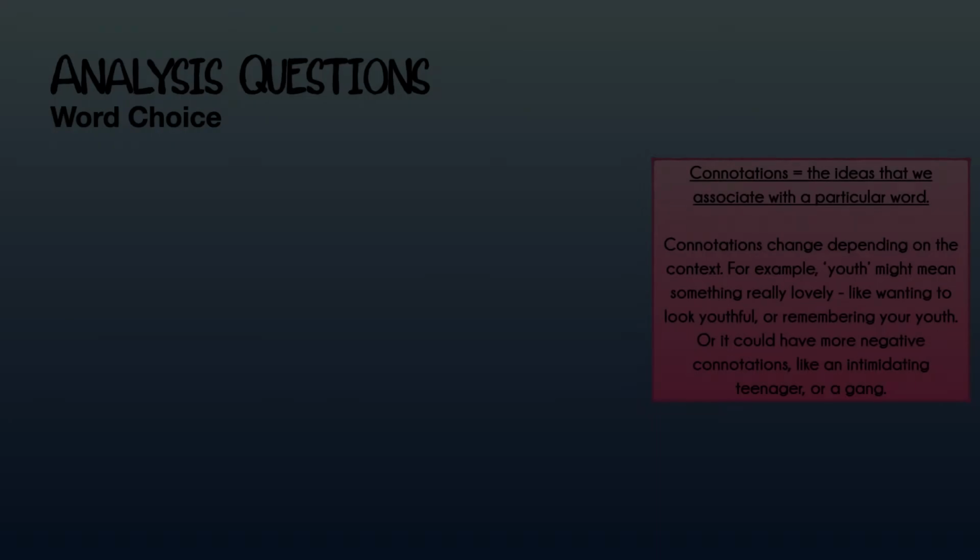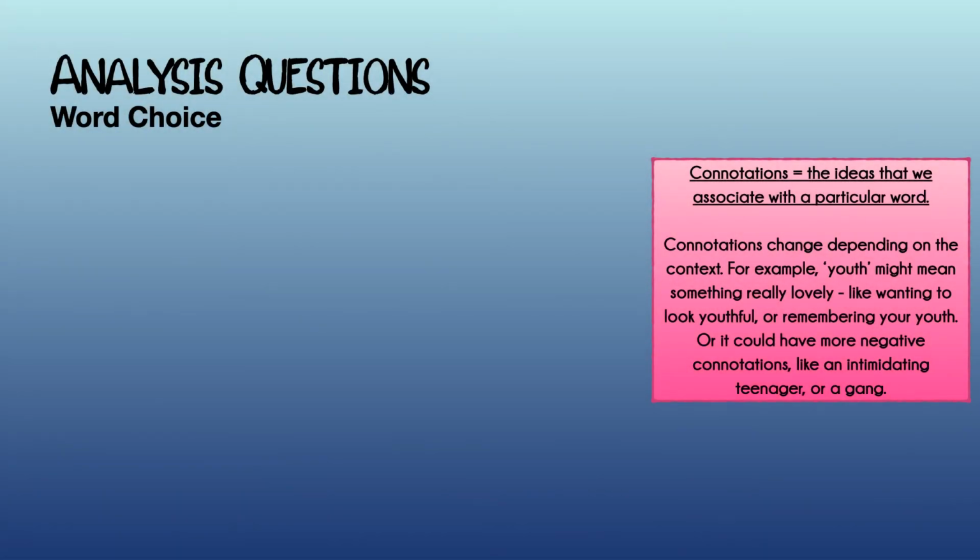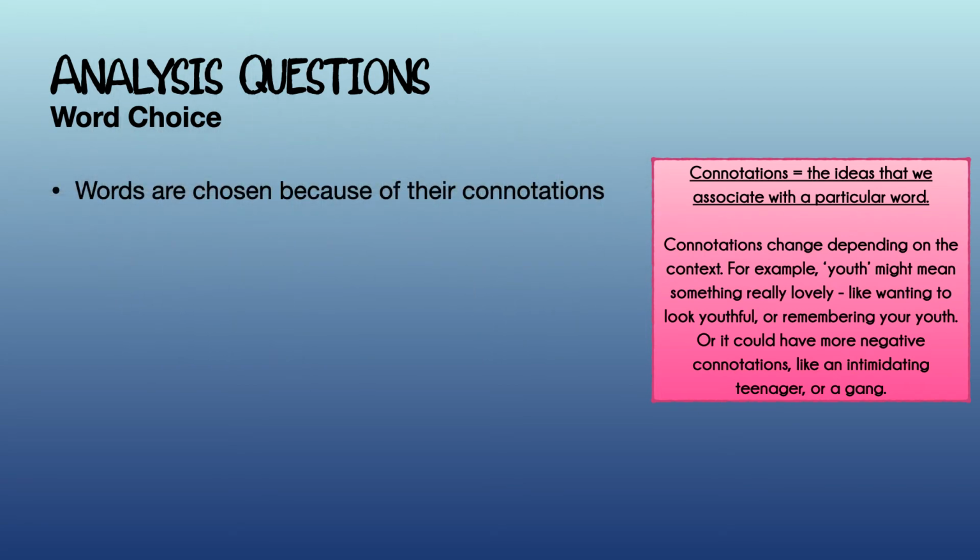Moving on then, you will also get analysis questions, especially word choice, and we talked about this in class, but for those of you that weren't in class or can't remember, words are chosen because of their connotations, and connotations are the ideas you associate with a particular word. Think about the phrase decadent townie.